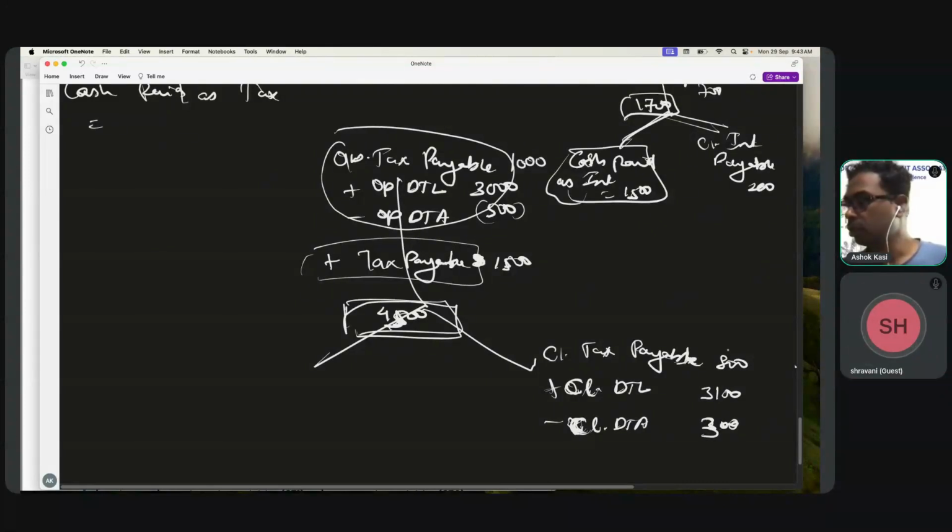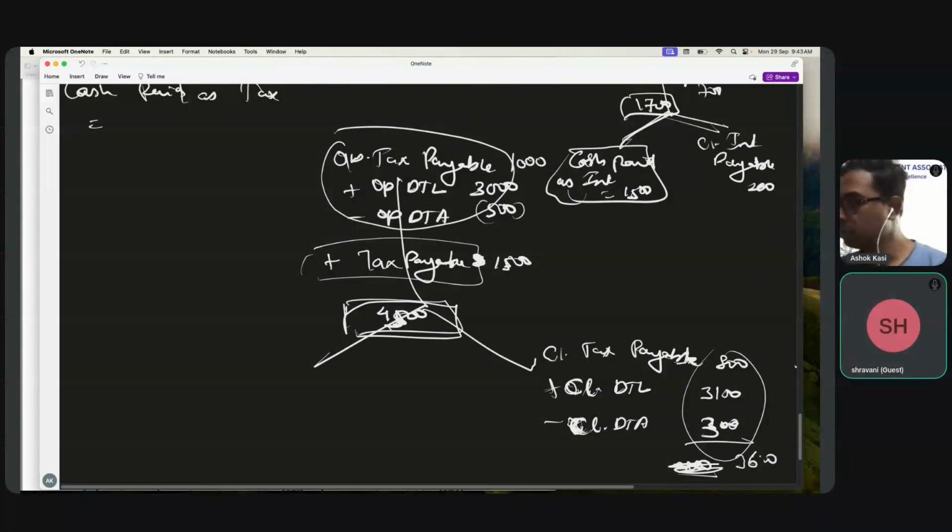Now just calculate all this. First 800 plus 3100, 3900, minus 300, that is 3600.